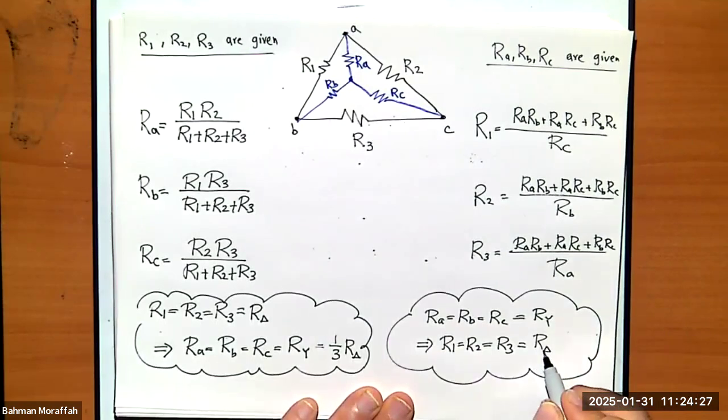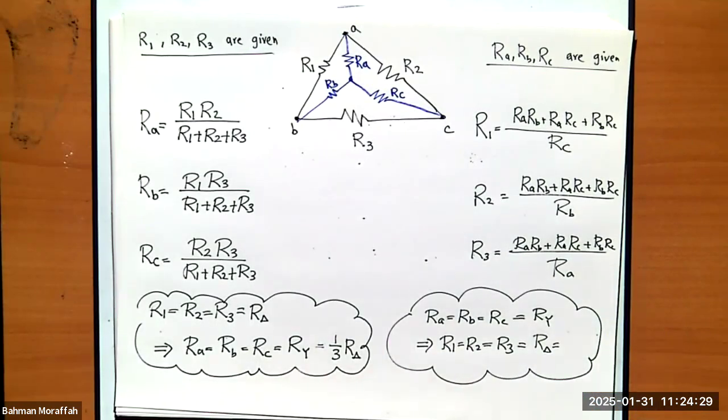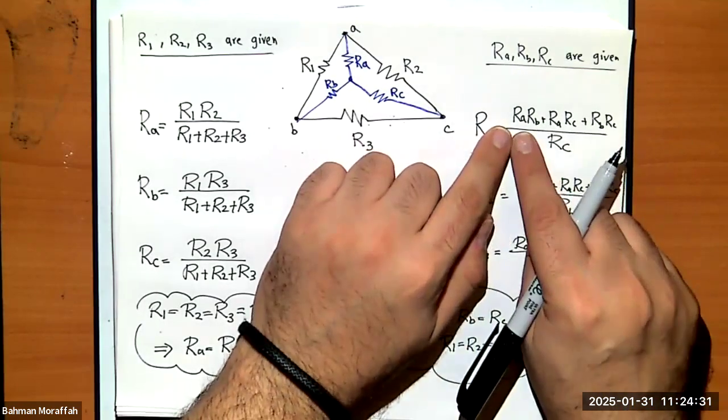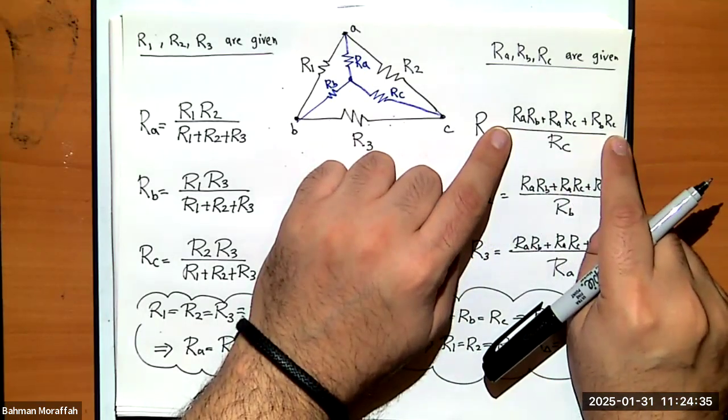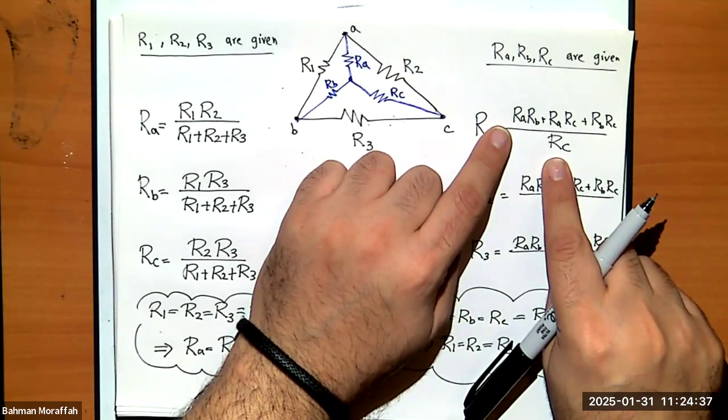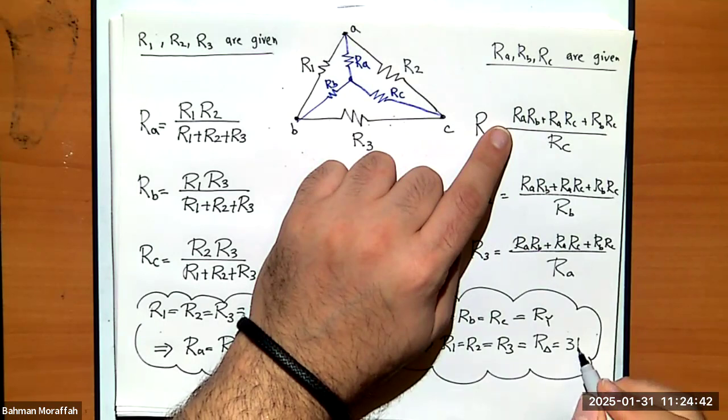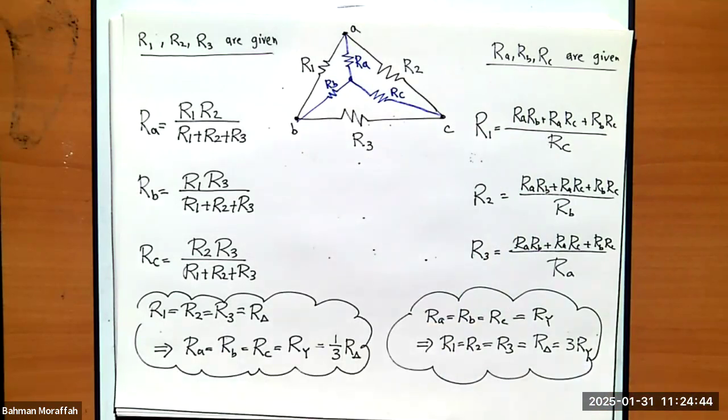And that's basically R delta. Right? So if I plug it in here, I have RY squared plus RY squared plus RY squared divided by RY. So I have 3 times RY squared divided by RY. So it's 3 times RY, which we already knew from here.